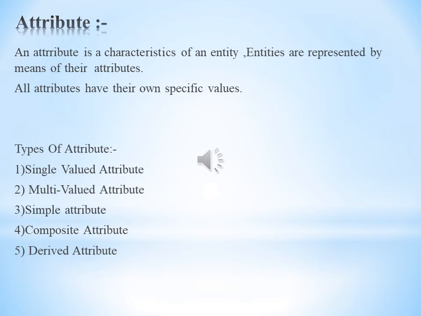Therefore, student age is a simple attribute of the student entity. Then, next is the composite attribute. Composite attributes are attributes which can be further divided into subparts. These subparts represent basic entities with their independent meaning. For example, in the entity student.